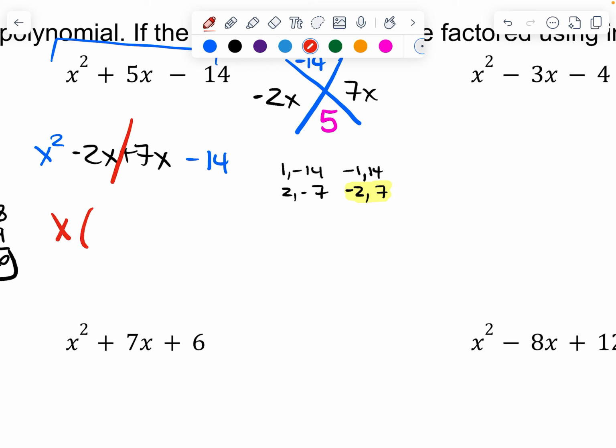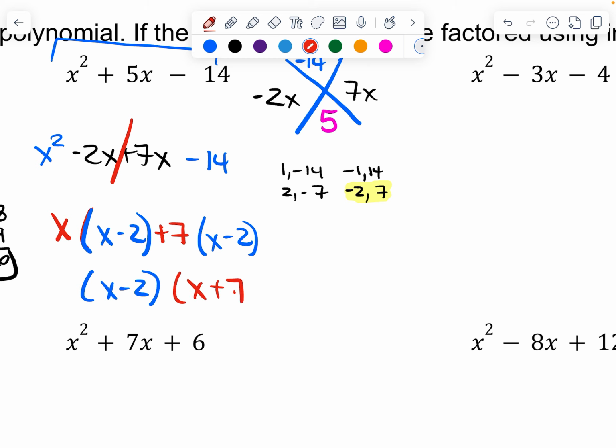Take out my x, minus 2. Take out my 7, x minus 2. What do they have in common? X minus 2. What's left over? X plus 7.